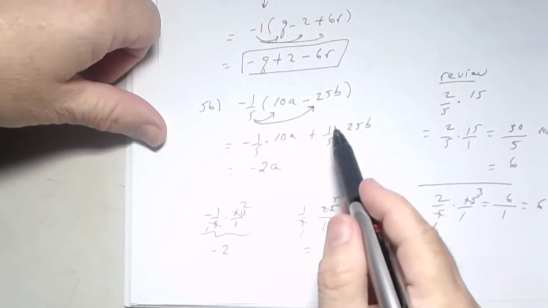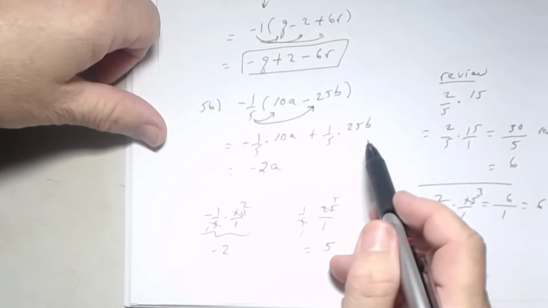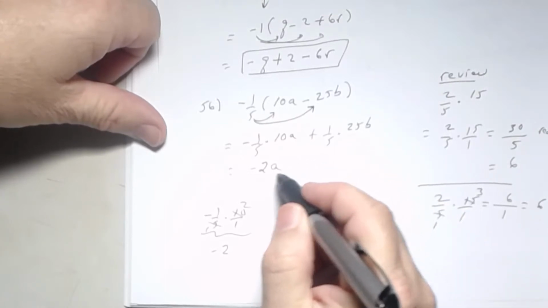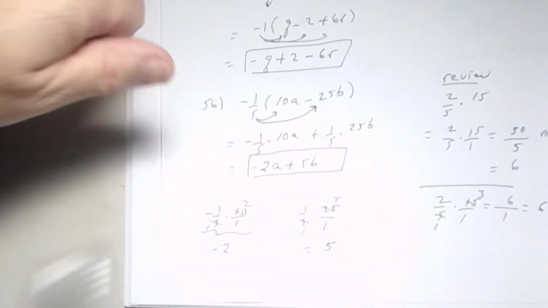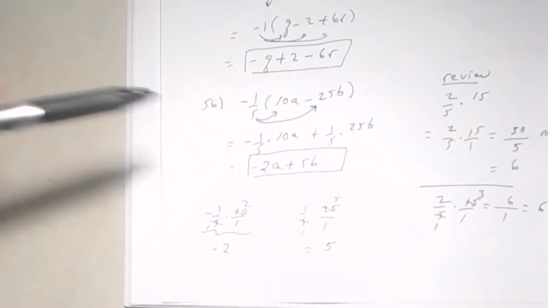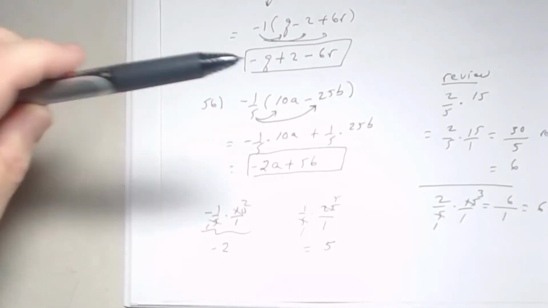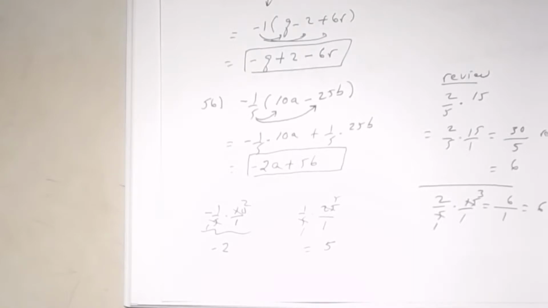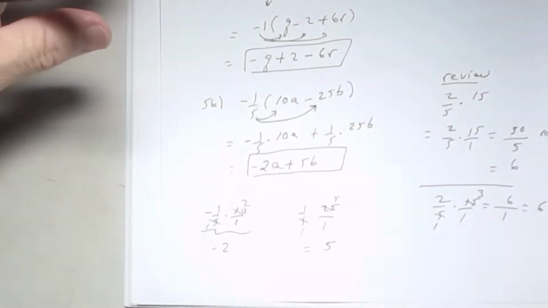But 1/5 times 25b is 5b. That's it. If you can go from the original problem to the answer, that's fine. But some of you, when dealing with fractions, may want to write out that step. All right, so that's 56.